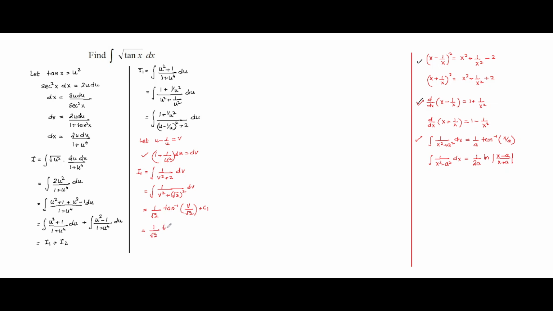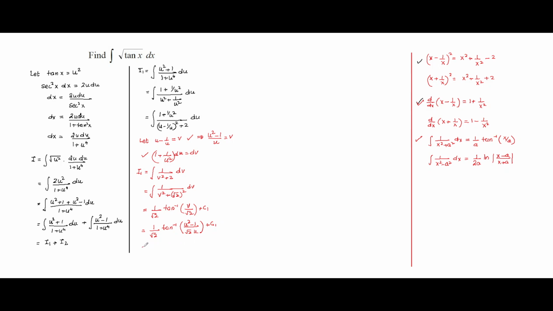Now resubstituting the value of v, the value of v will be this, and we take the LCM, so it becomes u square minus 1 over u. So this will be u squared minus 1 over square root of 2u and then plus c1.